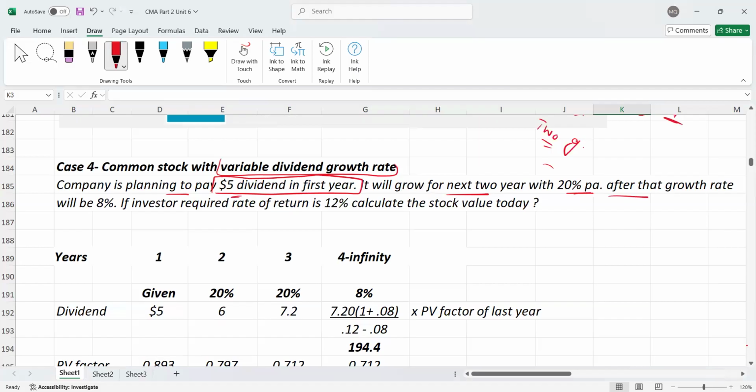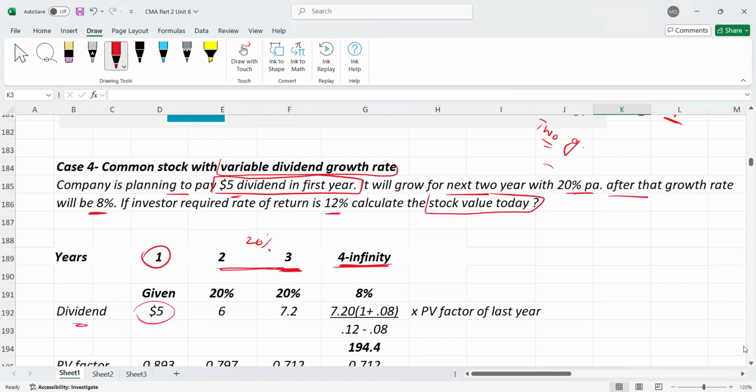And after that, from year 4 to infinity, because up to 3 years growth is 20%, after that the growth rate will be 8%. Now you can see here there are two different growth rates. Okay. Then if the investor required rate of return is 12%, we have to calculate the market value of stock today, not in future, today.